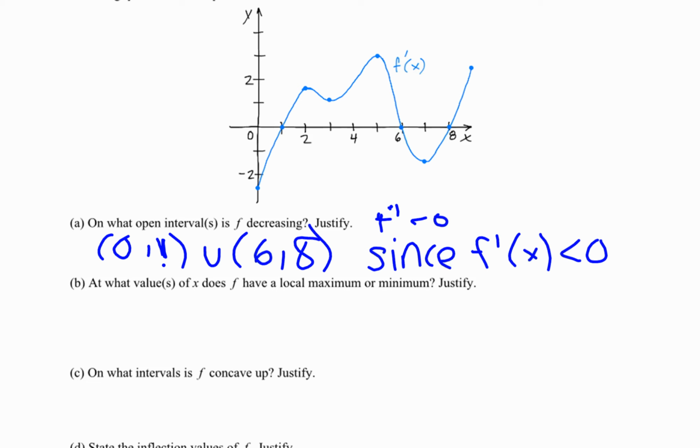Now remember, for a local max or min, we're looking for where f prime changes from positive to negative or negative to positive.